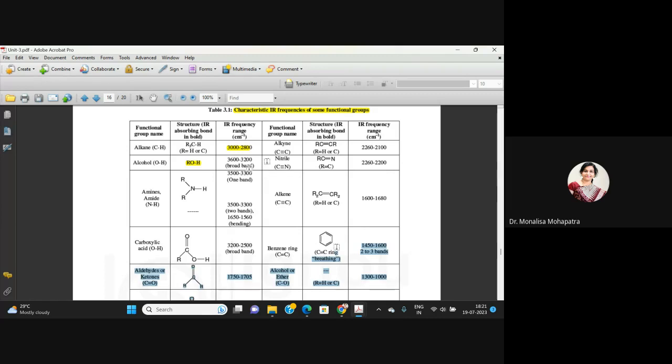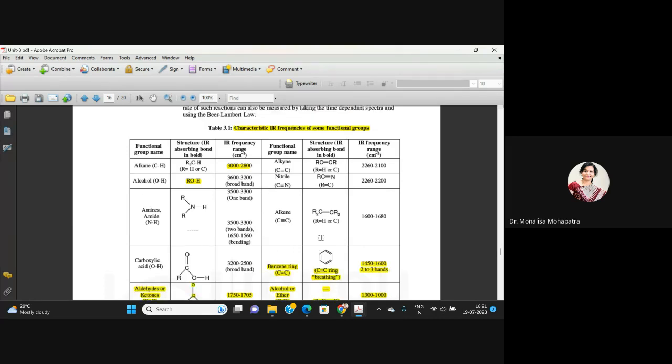If you are synthesizing a molecule where a benzene ring should be present and an OH group should be there, suppose a benzene ring is there, you are talking about phenol. The benzene characteristic peak will come about 1450 to 600. So you get an IR spectrum where you get a peak in between that, as well as a peak around 3600 through 3200.